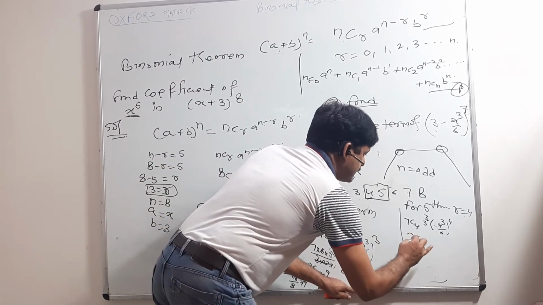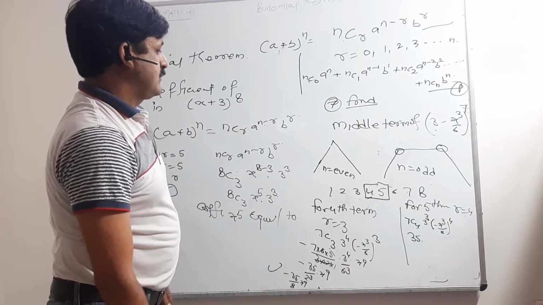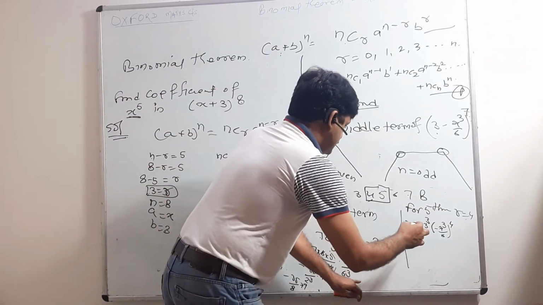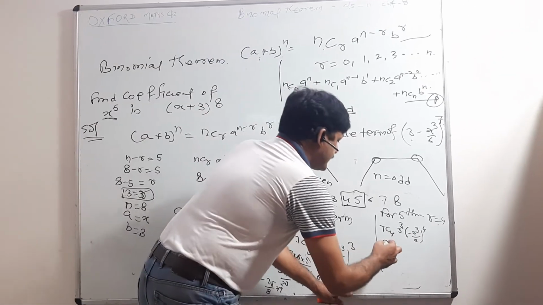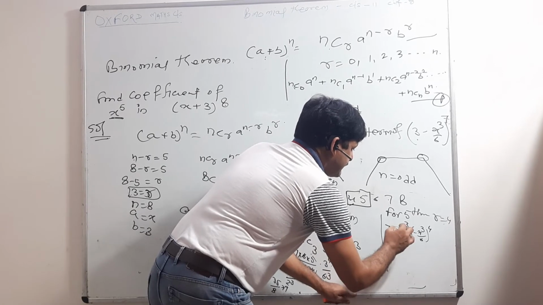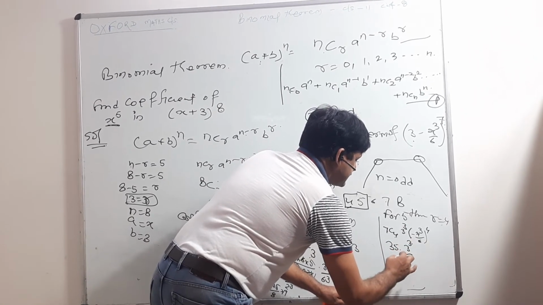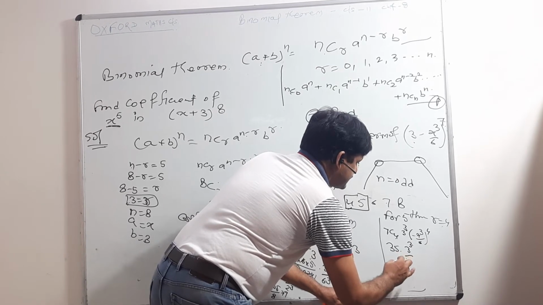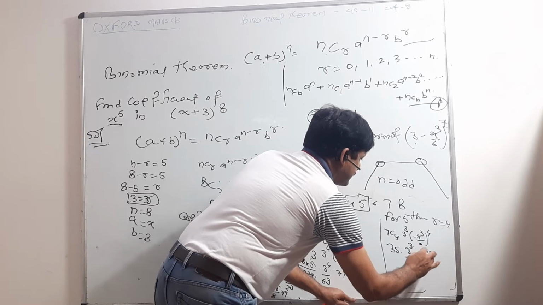So 7C4 is equal to 35, 3 to the power 6, 3 and 6 to the power 4, and that is x to the power 12 positive.